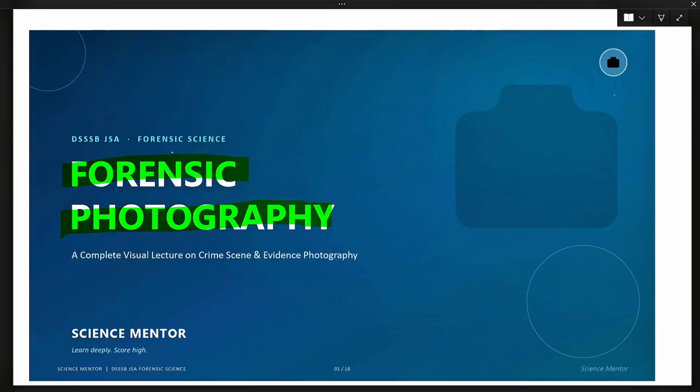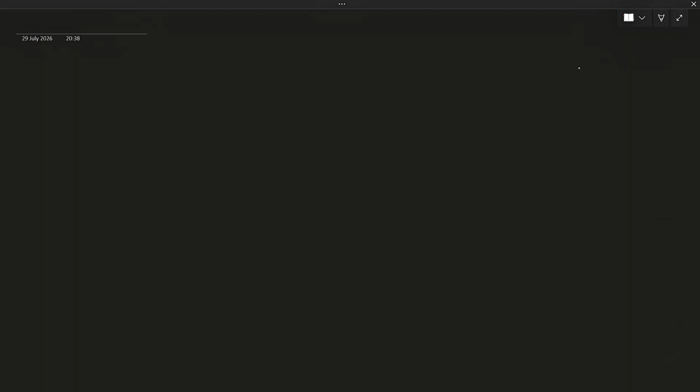So let me have a blank page so I can write. Add page. So what we are going to write is forensic photography.